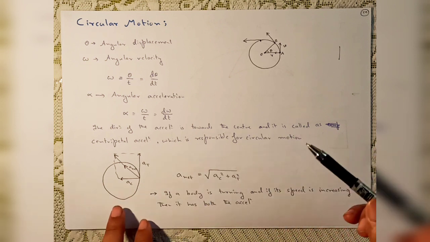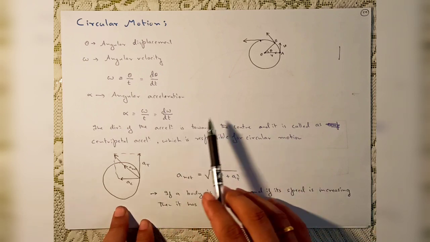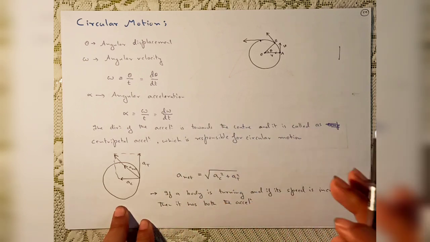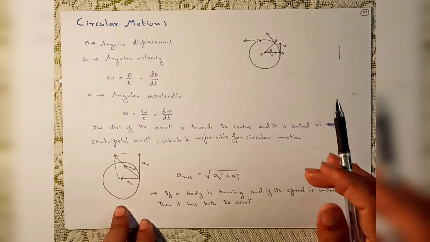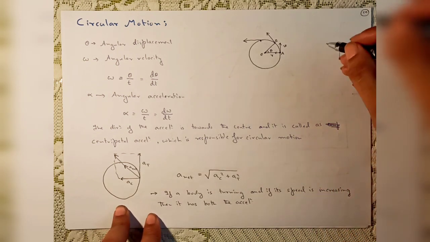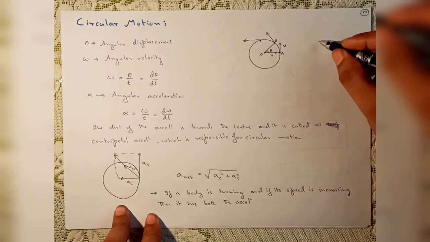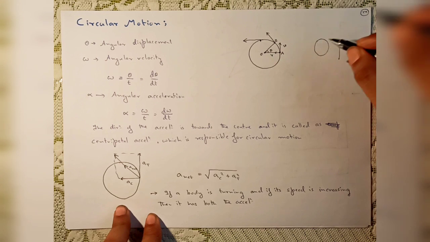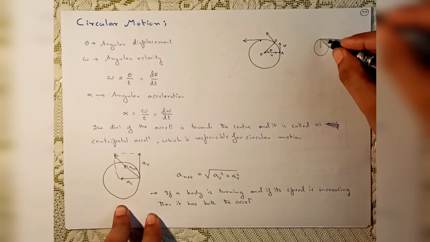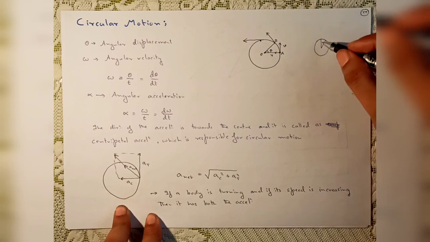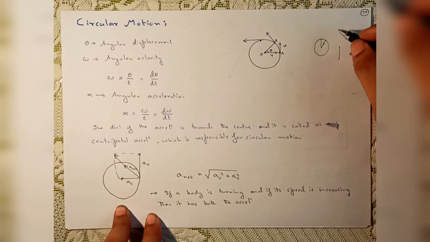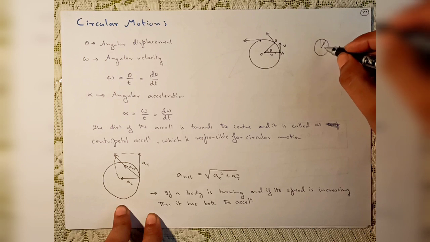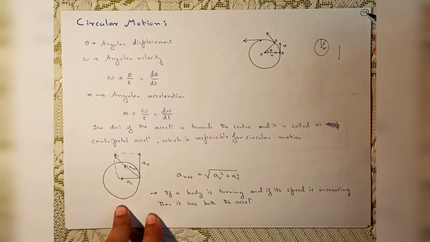Apart from the angular acceleration, there is one more acceleration that comes into play. Suppose a body is going at a uniform speed in circular motion, it is going to have centripetal acceleration.